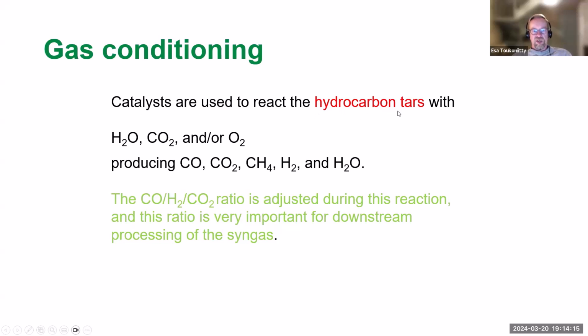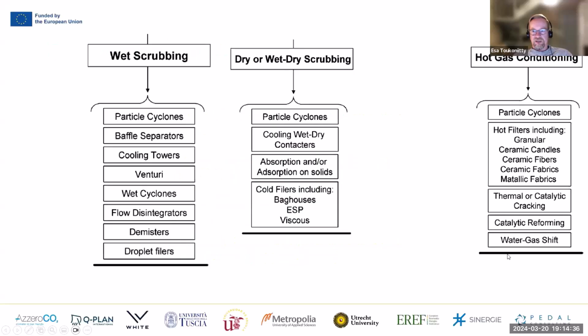So a catalyst can be used to remove the tar, and the catalyst also can help to adjust the product ratio during the reaction. So this is basically more like the hot gas conditioning.